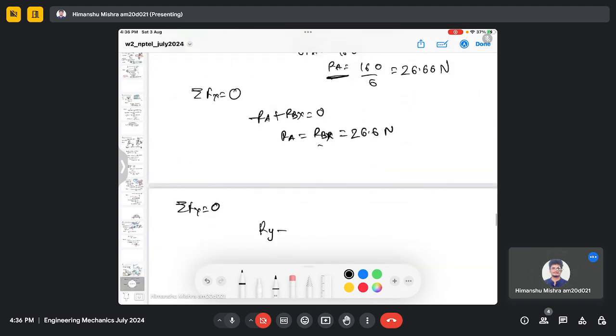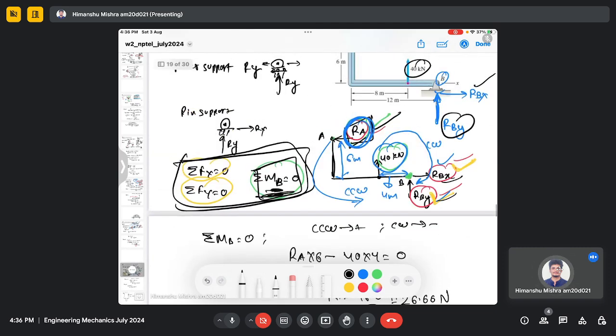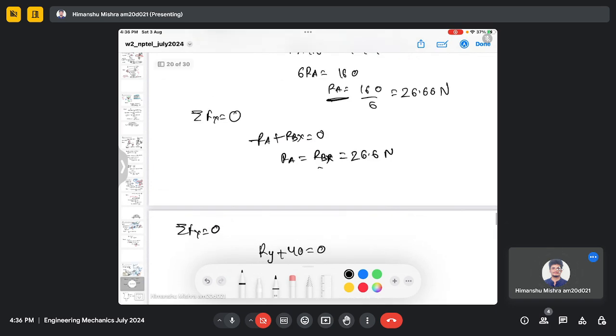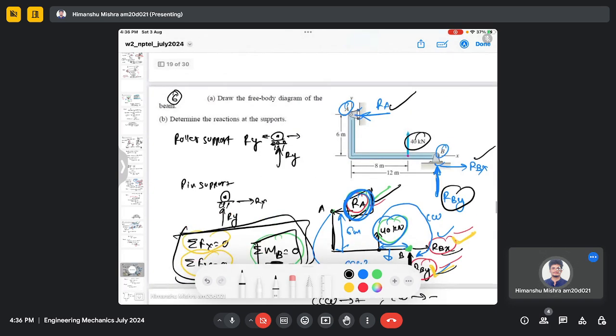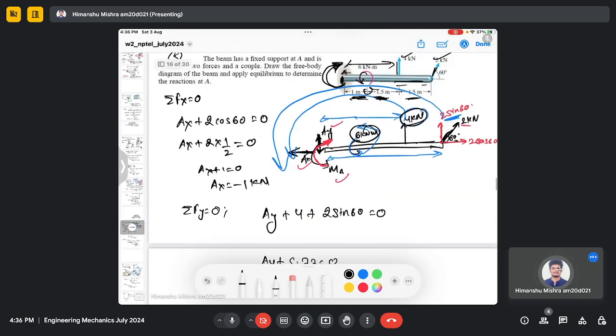So you can see that Rby is minus 40 Newton, which means the direction of Rby should be this. So again, by using the equilibrium conditions you are able to find the reaction forces here, and you can also find the moment just like we did in the previous question.